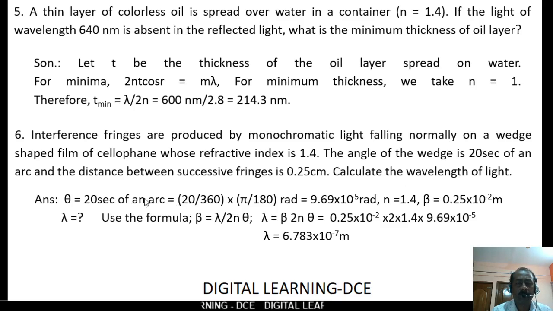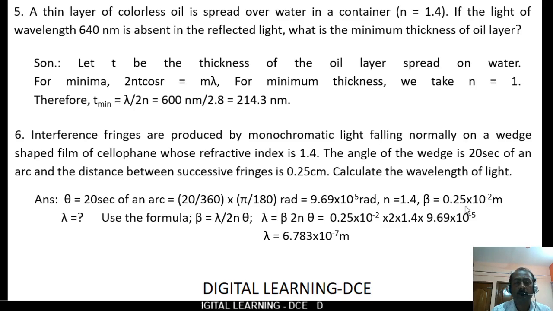For conversion of seconds of an arc, multiply 20 by 360 into pi by 180. Pi by 180 is the conversion of degree into radian. On further simplification we get 9.69 into 10 to the power of minus 5 radian. Here the refractive index is given, n equals 1.4.